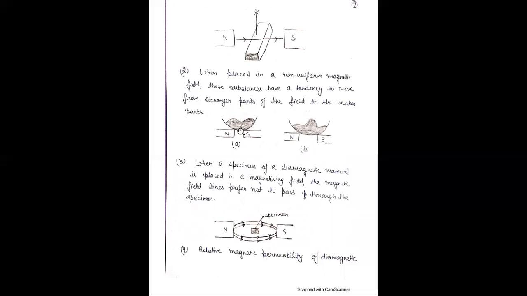The liquid accumulates on the sides where the field is weaker, because at the center the field is strongest, and these materials have a tendency to move from stronger to weaker parts. Therefore it is depressed at the center and accumulates at the sides where the field is weaker, and the depression in the middle is due to the stronger field at the center.